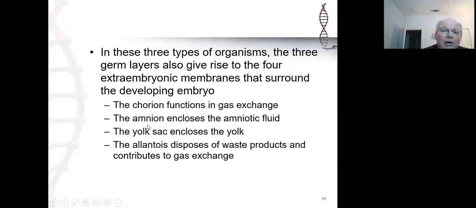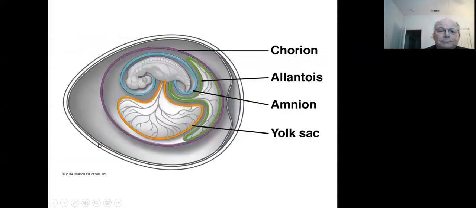So the chorion, the yolk sac, and the allantois also contribute somewhat to the development of the placenta from the embryo side, not from the mother's side, but from the embryo side. So here you can see those four membranes arranged inside, in this case, a chick egg, but this would be typical of an egg-laying amniote.